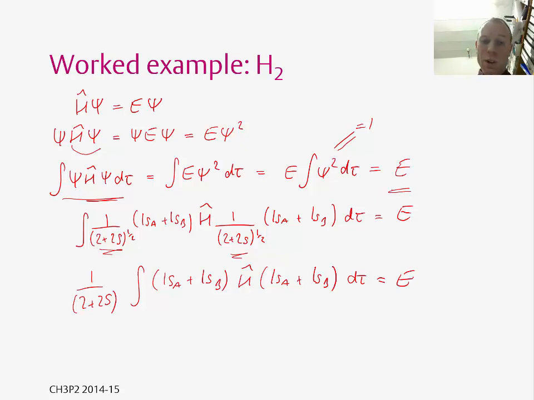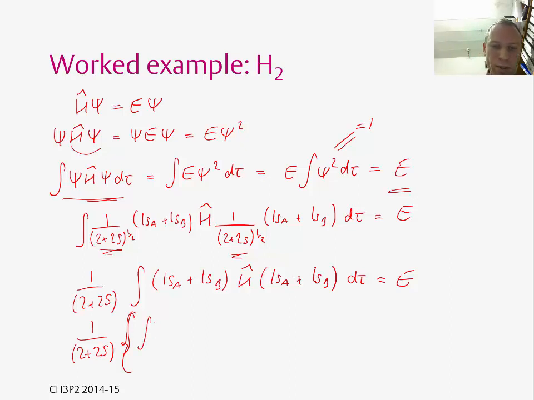What we need to do now is multiply out these parentheses. So we get 1 over 2 plus 2s, and in big brackets I'm going to multiply out the brackets and do the integral of each of the terms in turn.